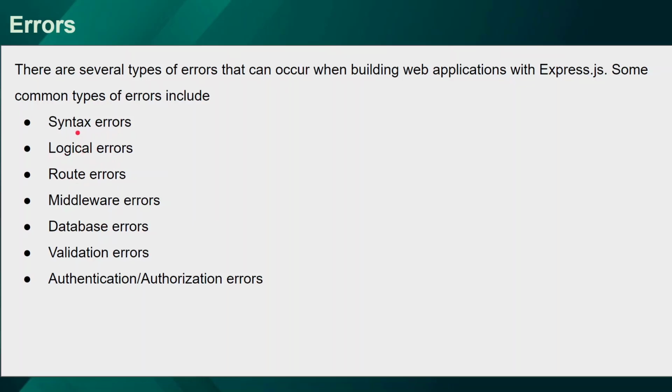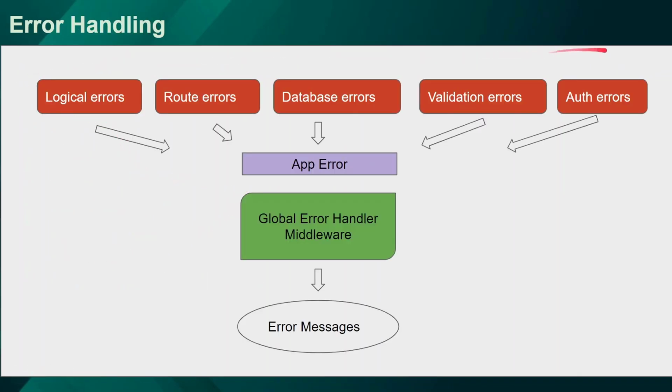So in such a case, we need a common agreement to handle these errors that can be invoked in the different components of your application. So what we are going to do is follow a proper error handling mechanism over here.